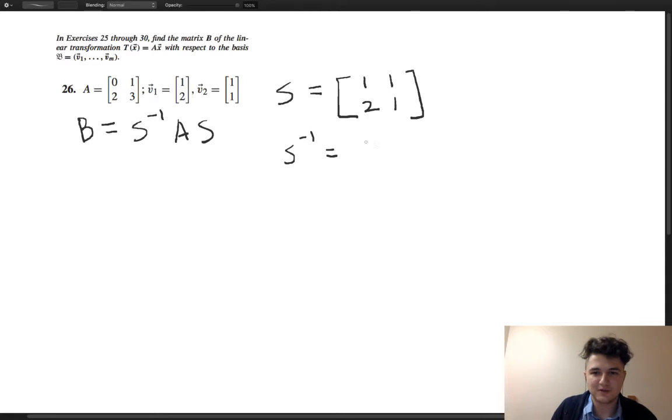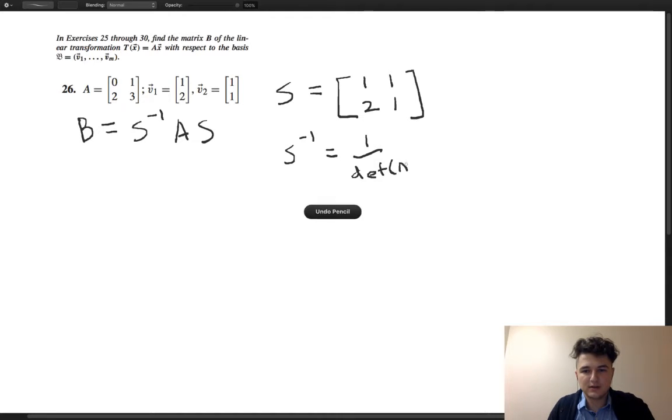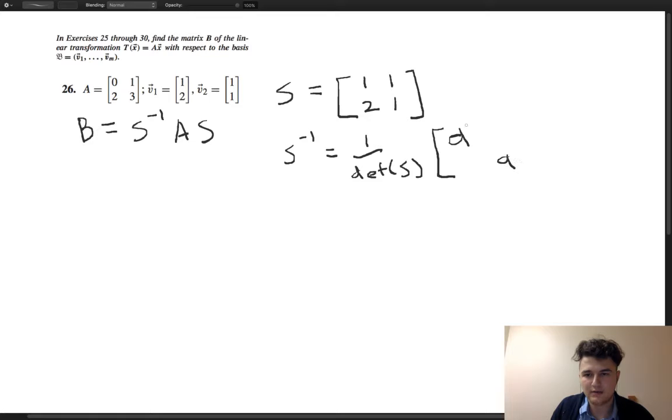There's a formula for the inverse of a 2 by 2 matrix. It's 1 over the determinant of S, times [D, negative B; negative C, A].